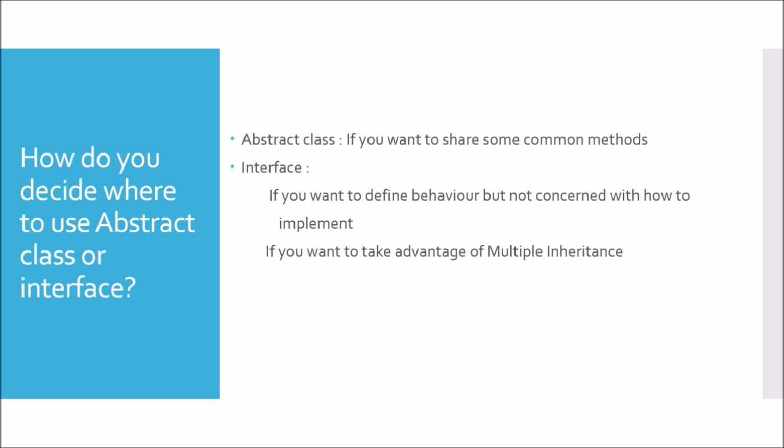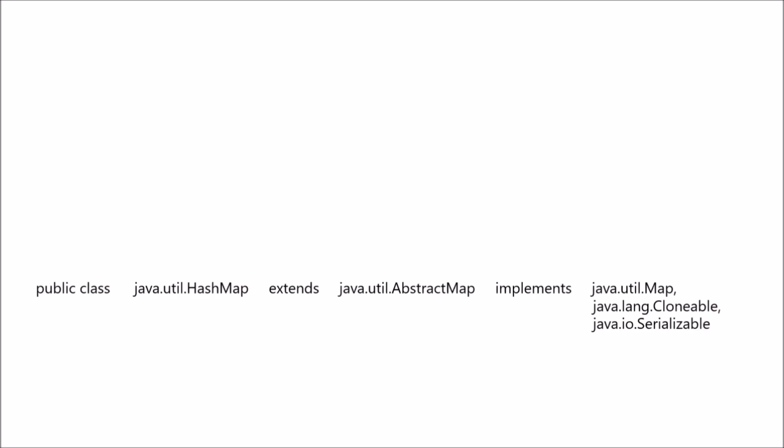Let's understand this scenario with an example. If you have worked in collections, the most used collections are ArrayList and HashMap. If you have looked at the signature of HashMap, it would be like public class java.util.HashMap extending AbstractMap and implementing Map interface, Cloneable interface, and Serializable interface.